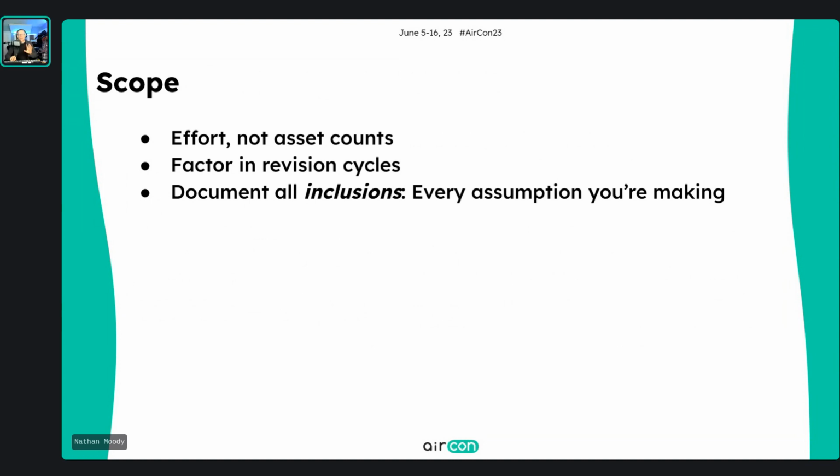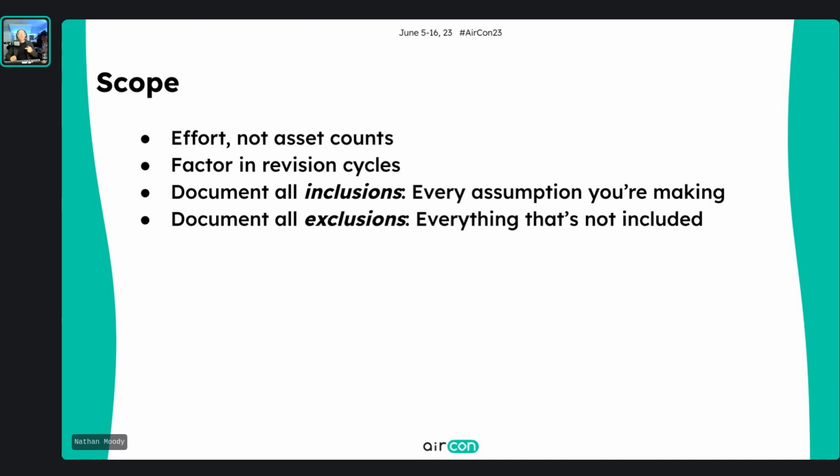Really important, we're not going to talk about contractual language, but it's really important to list out and give back to the client every assumption that you're making about what is included. So document every scope inclusion you can possibly think of, even if it wasn't given to you by the client. Equally important is you should document every exclusion, everything that's not included.